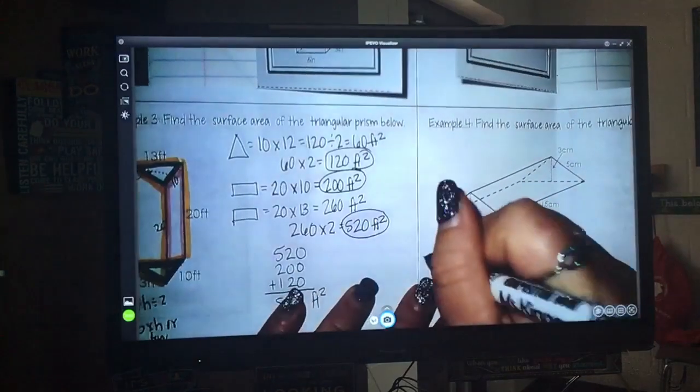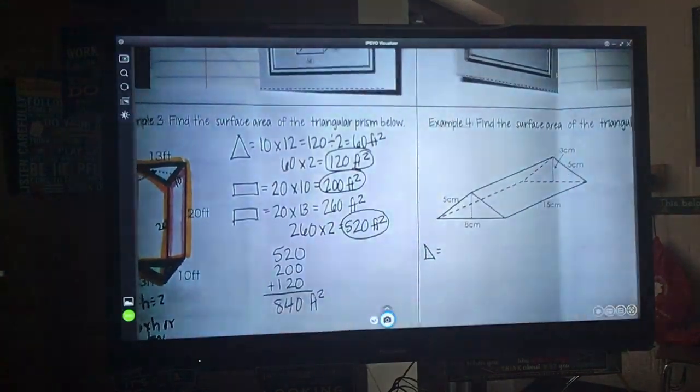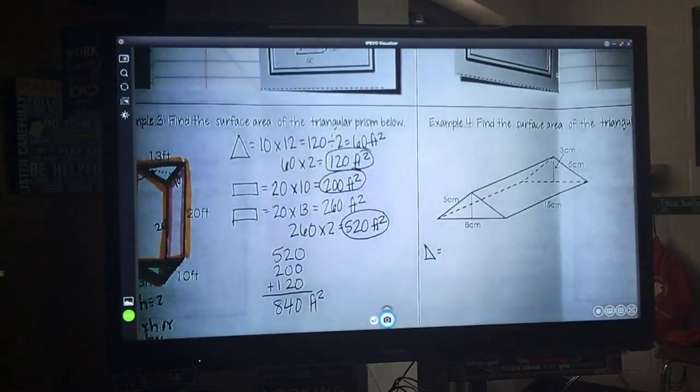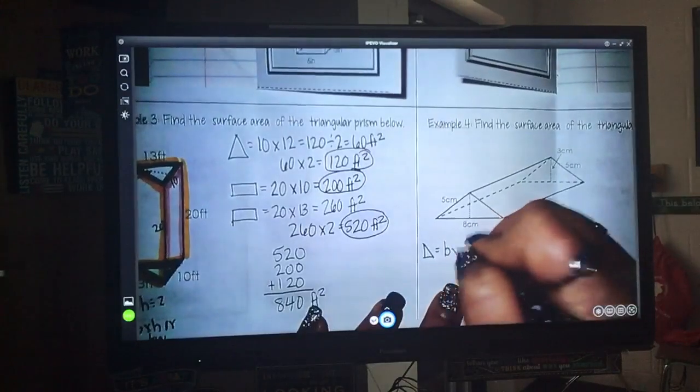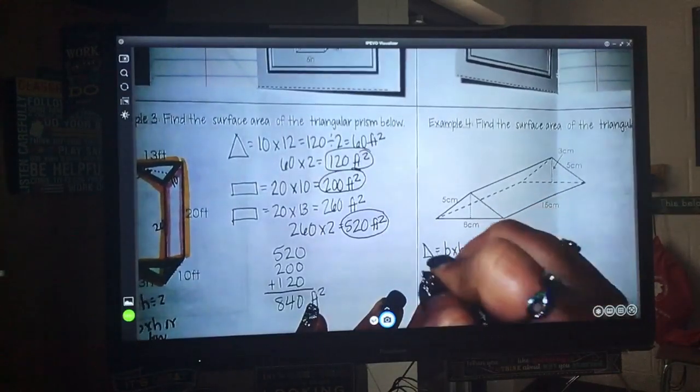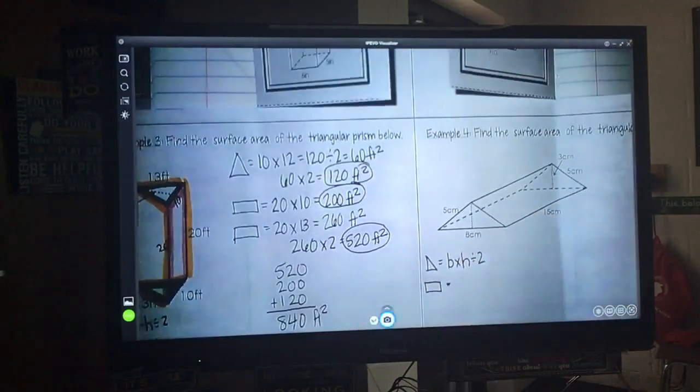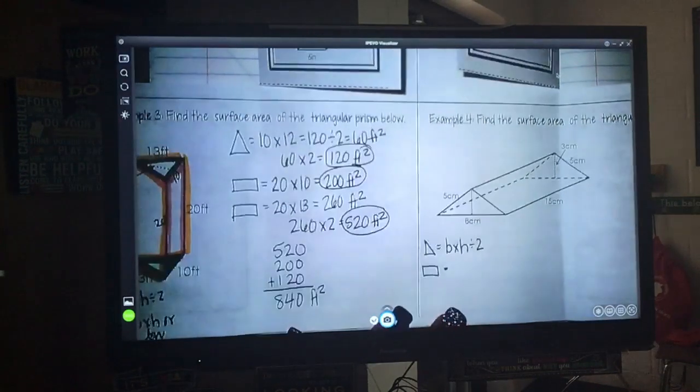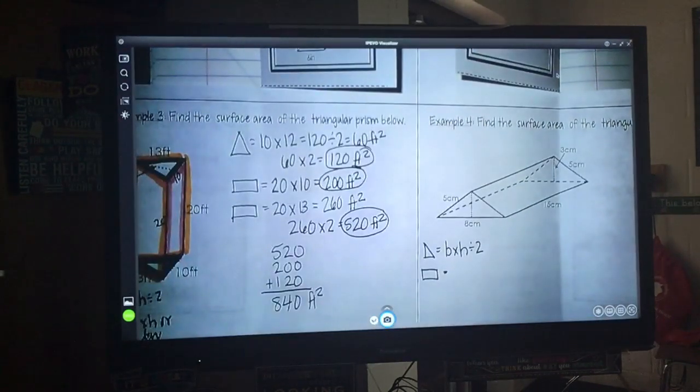Jeremiah. It would be base times height divided by 2. Perfect. And our rectangle, what's that formula? Hunter. Base times height.